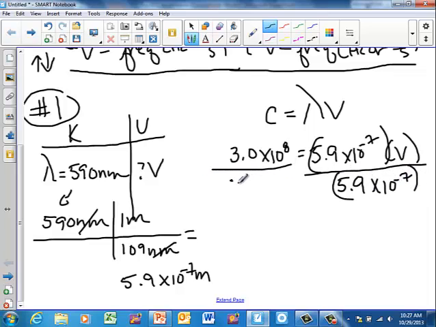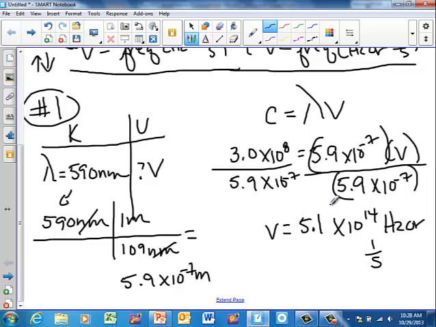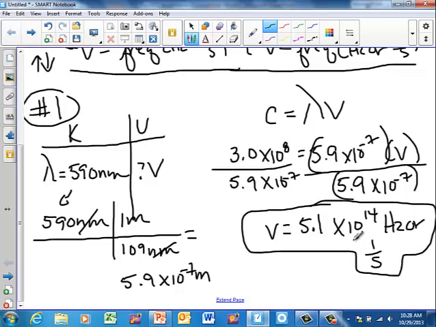Don't forget, when you are dividing and using things with exponents on your calculators, you have to use parentheses. So you want to make sure you can get the right answer. When I solve for it on my calculator, I should get 5.1 times 10 to the 14th. And the unit on this is either hertz or 1 over s. It does not matter to me. It's exchangeable for either one of those.